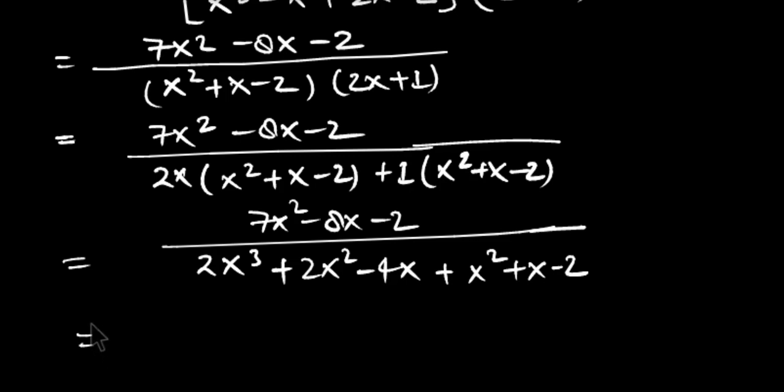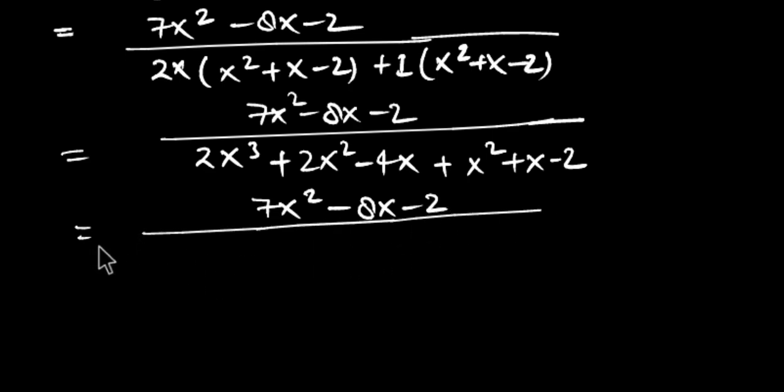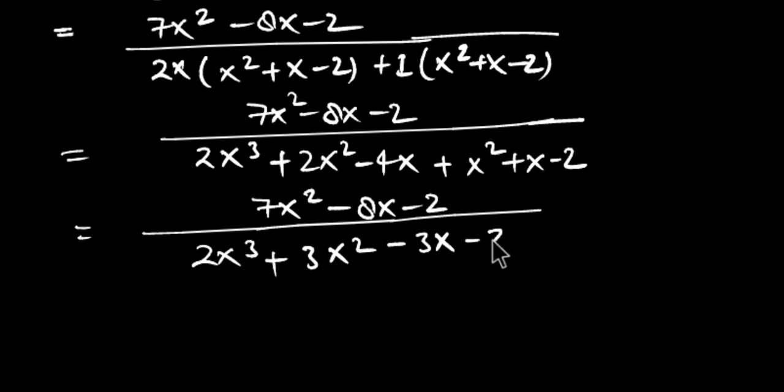Now after adding common terms, with the numerator 7x square minus 8x minus 2, in common order of variables, here we have 2x cube plus x square and here also x square, so 2x square plus x square gives us 3x square, and minus 4x plus x gives us minus 3x, and finally we remain with minus 2. So this is the simplest expression.